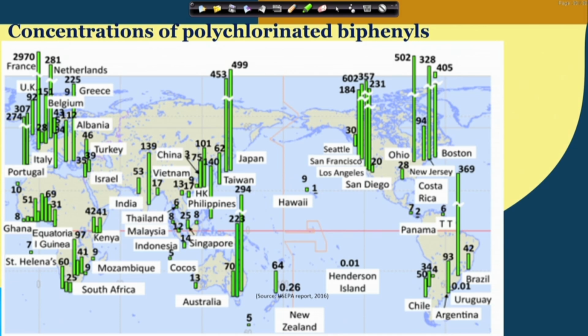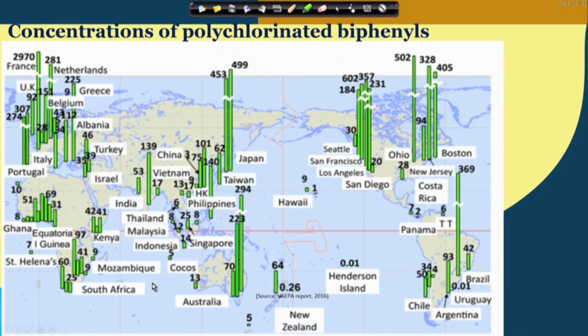If you look at their concentration, we do see a pretty high concentration ranging from close to 3000, I think these are in micrograms per liter. In some places it is pretty low, but we see a wide variety of ranges of concentrations showing up in terms of polychlorinated biphenyls at different parts of the world.